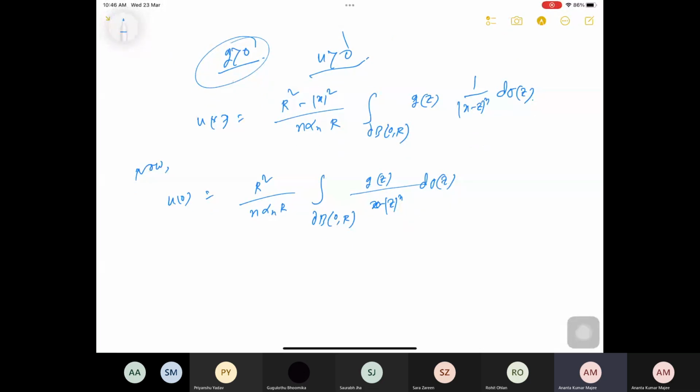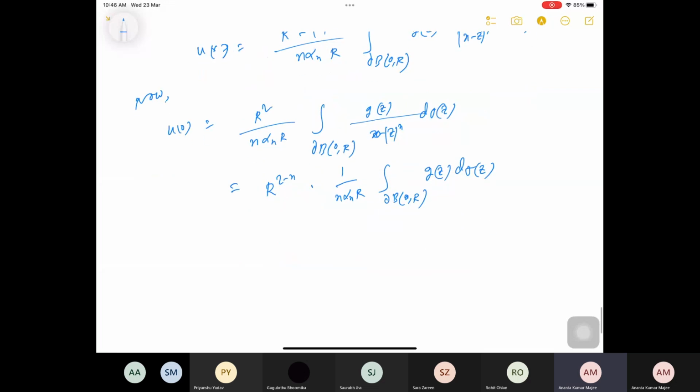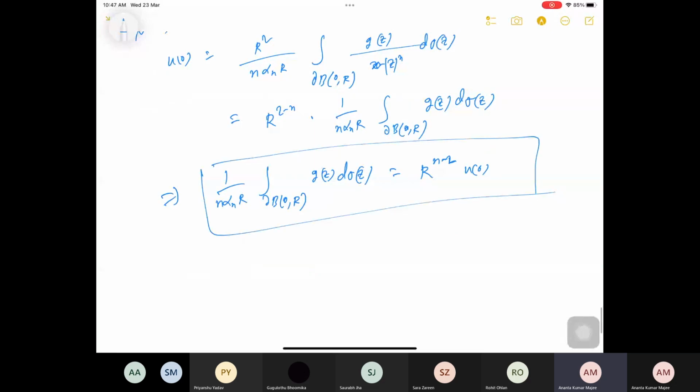But since z is on ∂B(0, r), |z| is equal to r, so I can take it out, and this is r^n. So this is r^(2-n) times 1 by n α(n) r times the integral over ∂B(0, r) of g(z) dσ(z). So 1 by n α(n) r times the integral of g(z) dσ(z) is exactly r^(n-2) times u(0). This is a good expression, so we will use it.